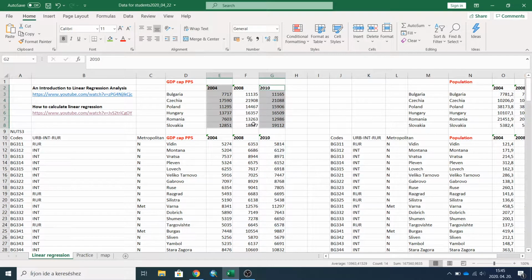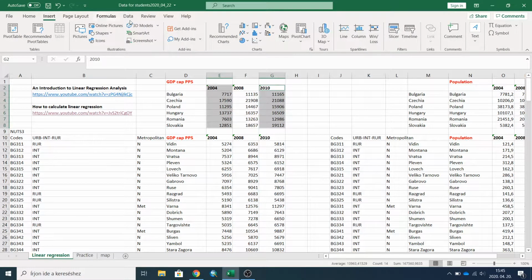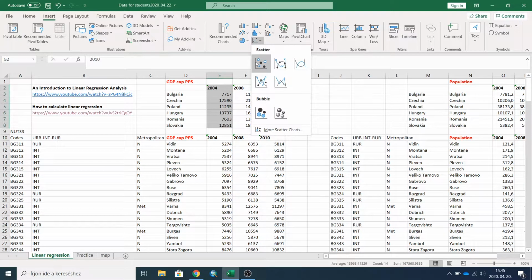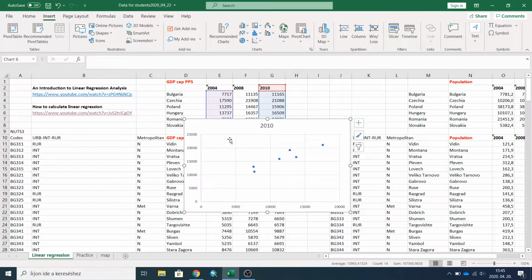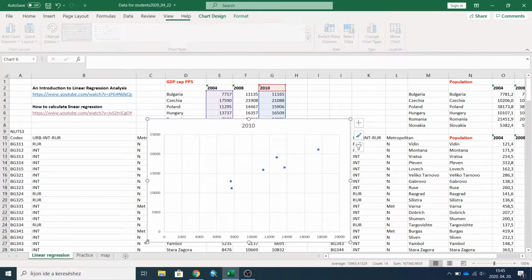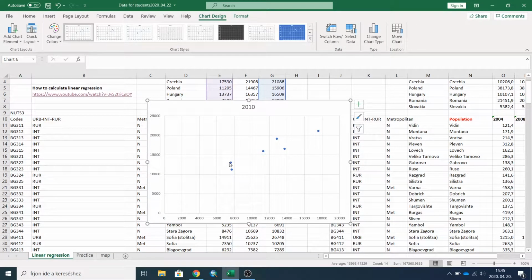So first of all, we do this, and after that insert charts, scatter dot charts, click. After that we can see the data, 2010.